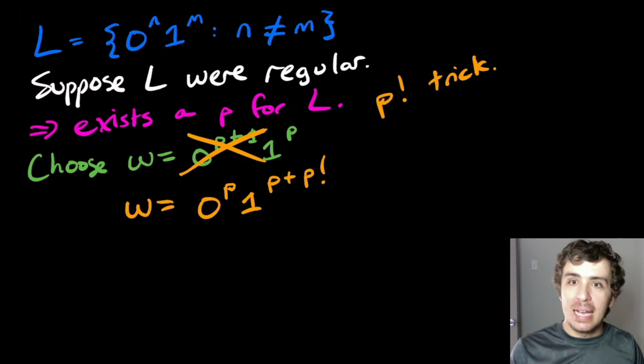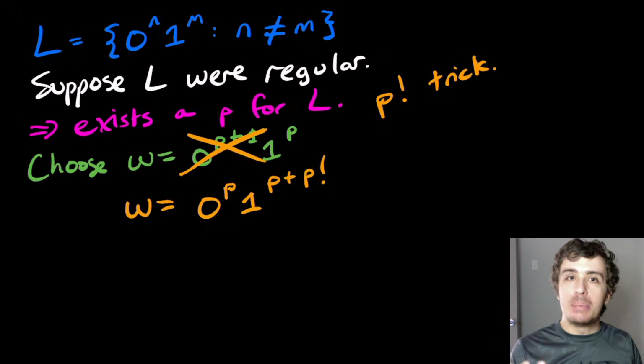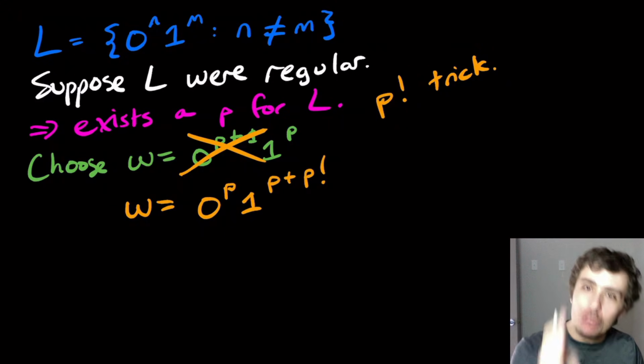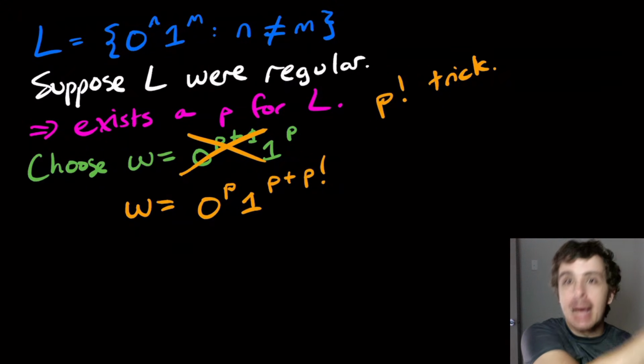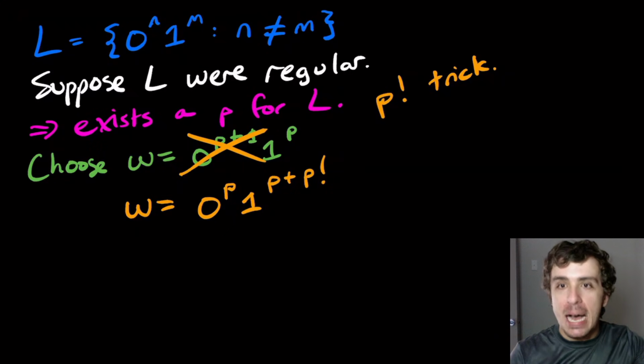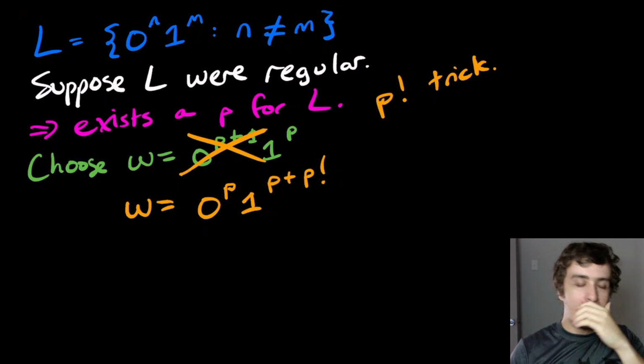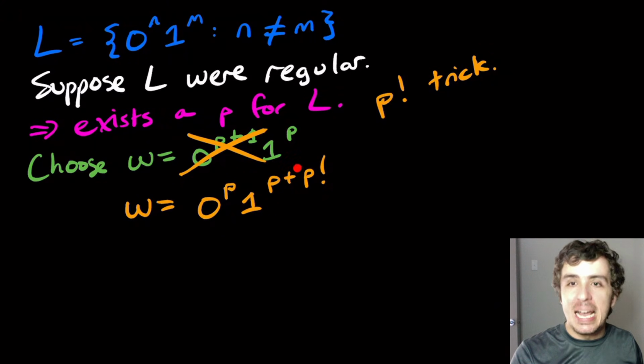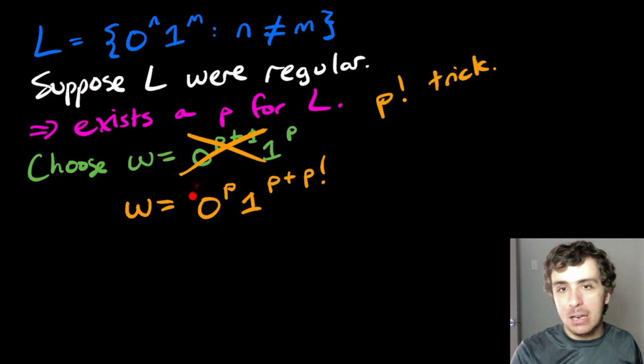And the reason for p factorial is because it's equal to 1 times 2 times 3 times and so on, up to p. So if it happened to be 5, for example, and let's say p was 10, the number of characters I'm adding or deleting is 5, and p is 10.